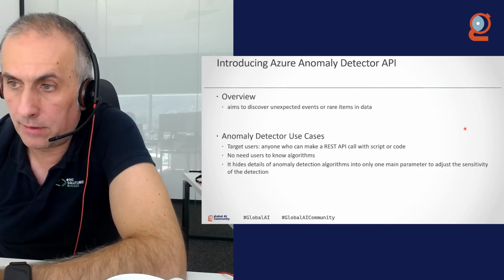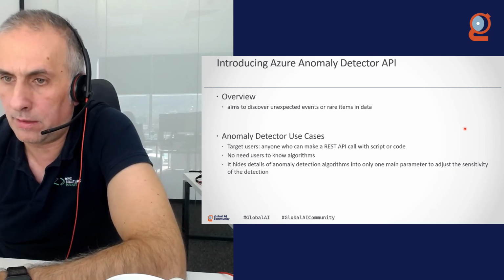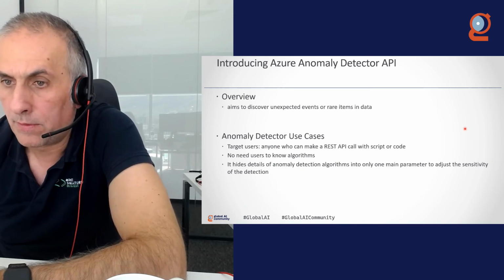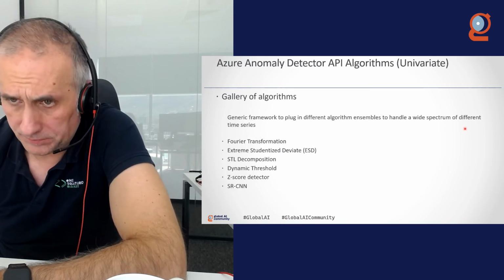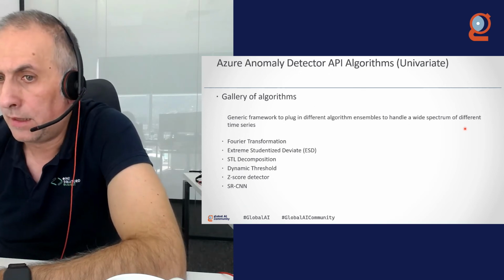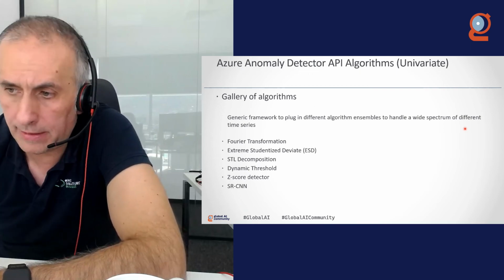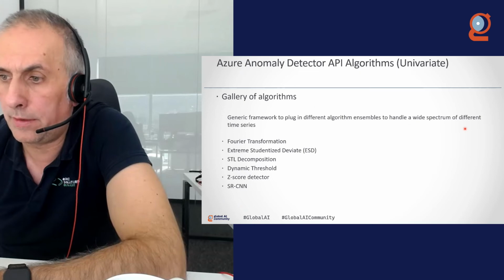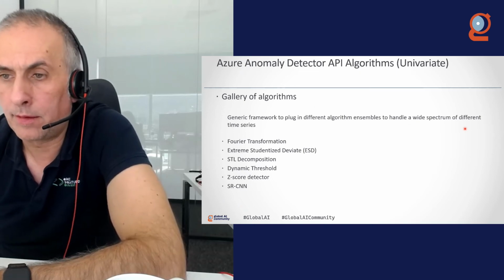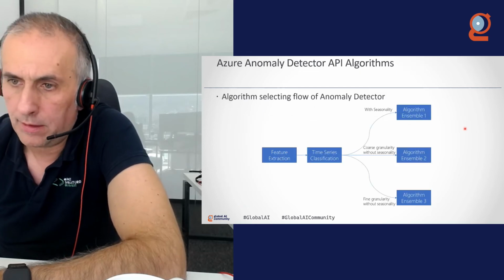About the concept, it is pretty easy to explain it with univariate solutions. So we have in this service internally a set of algorithms which are selected based on your data and some parameters which you can add to your time series.